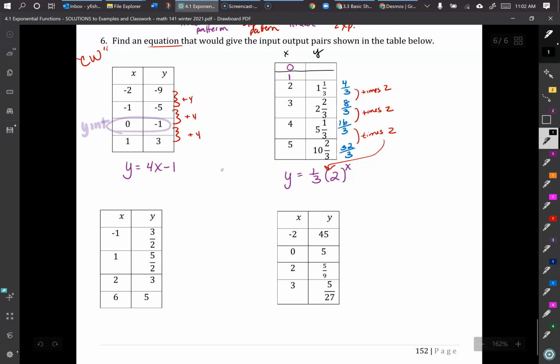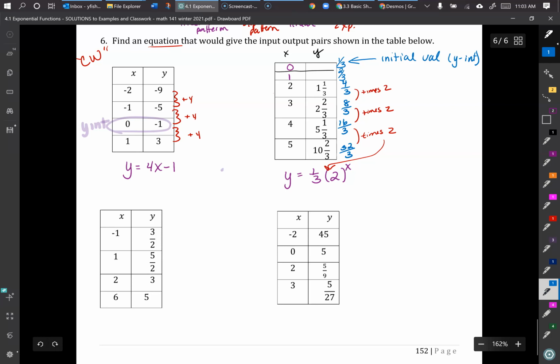If I'm multiplying by 2 when I'm going up, to reverse that, I would just have to divide by 2. So this would end up being 2/3 here, and this would end up being 1/3. So that would be my initial value, or y-intercept, right?